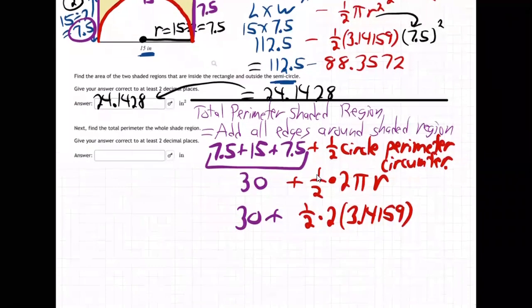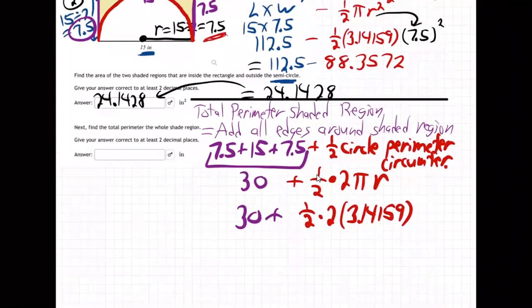And then what's the r? Well, we've already got the r. It's 7.5. We found the r earlier. That's the r. There we go. Hit the buttons on your calculator. Add those up. I'm going to use the pi button on my calculator because that's more accurate.